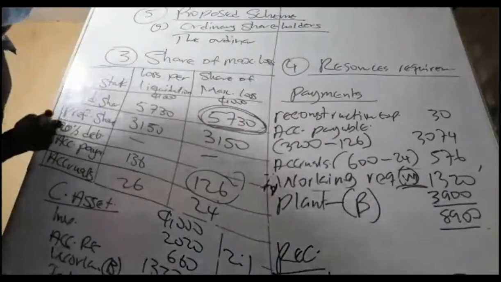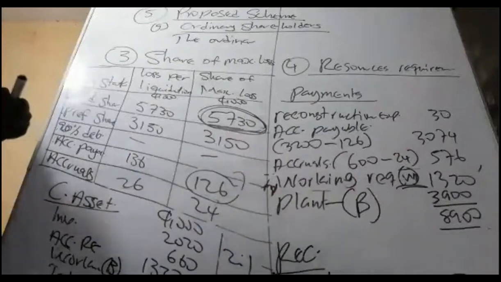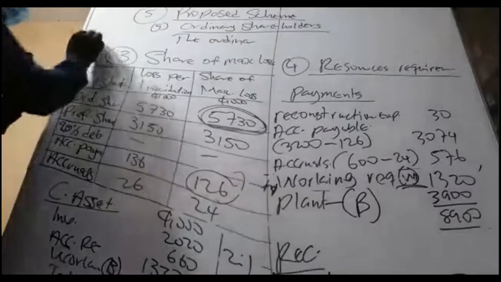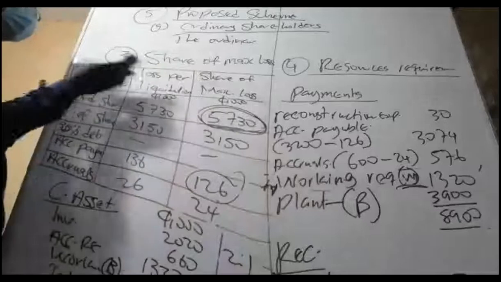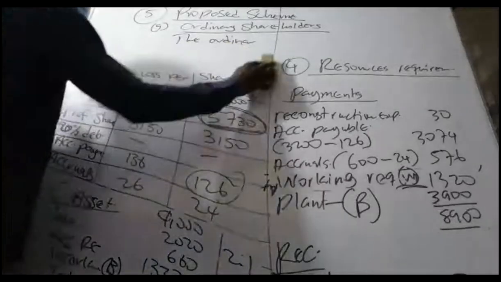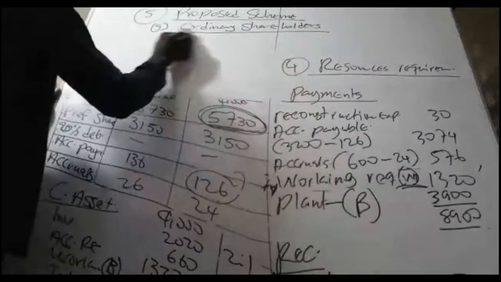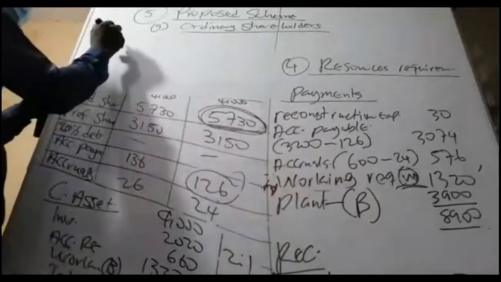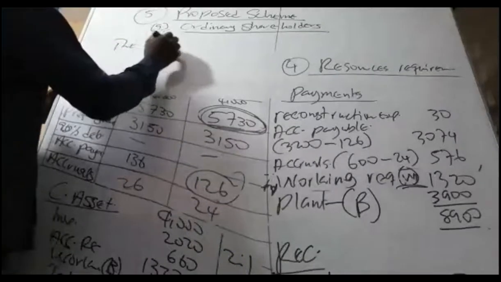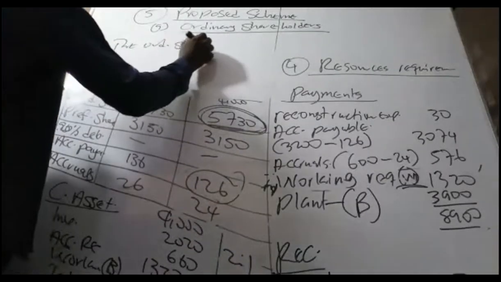I will take off this section from there. So if you have not copied, kindly take note. I'll take off this section from there. So that's alright nicely. So I'll start from there. The ordinary shareholders, no shortcut to the report.